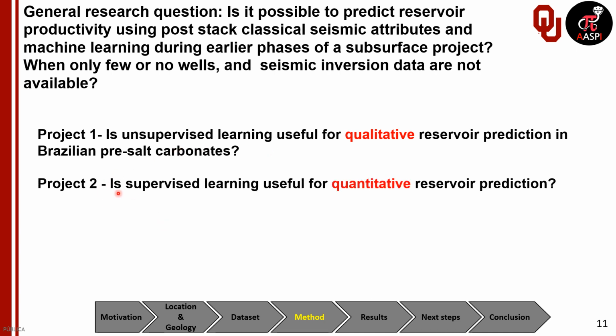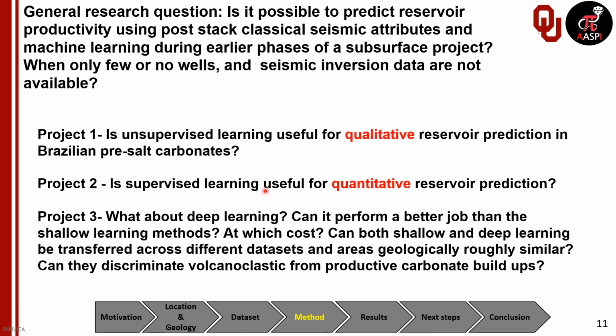And the second question is related to the second chapter and project. Is supervised learning useful for quantitative reservoir prediction? And the third one, related to the third chapter: what about deep learning? Can it perform a better job than the shallow learning methods, and at which cost?